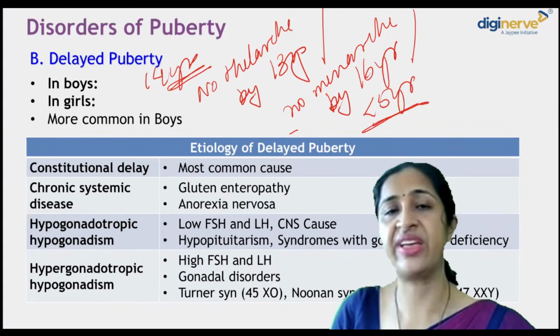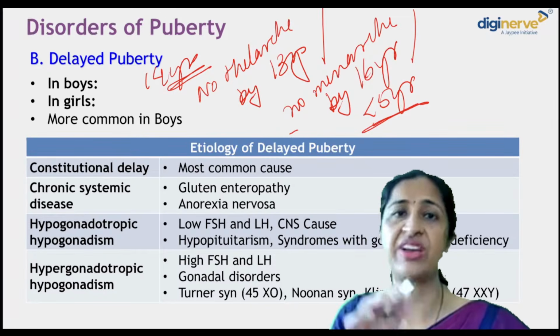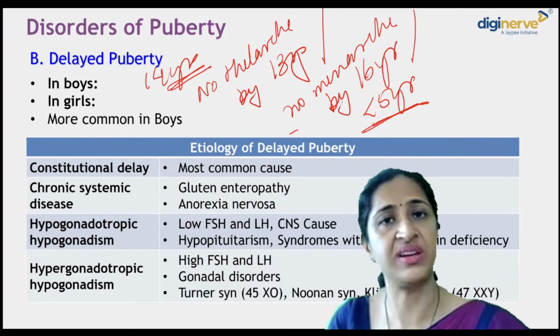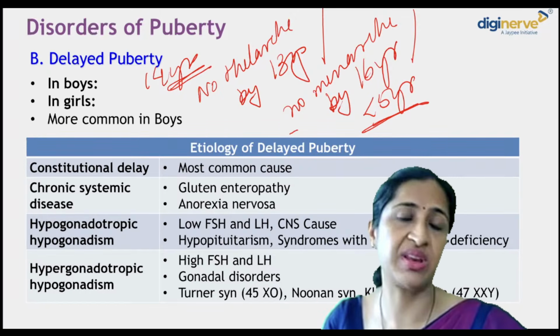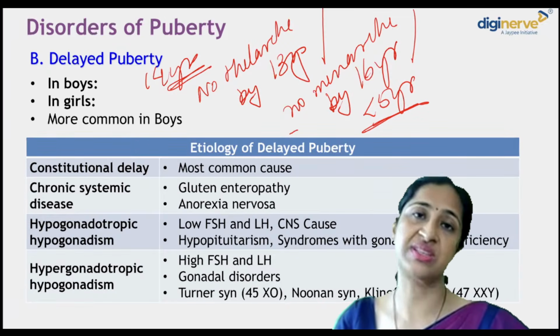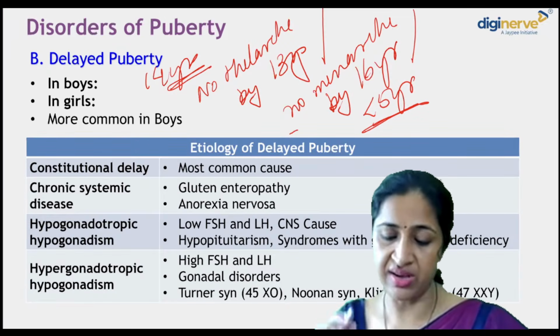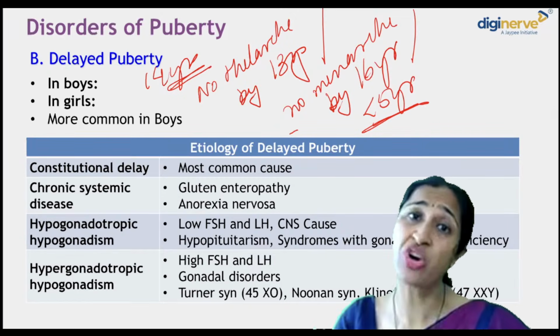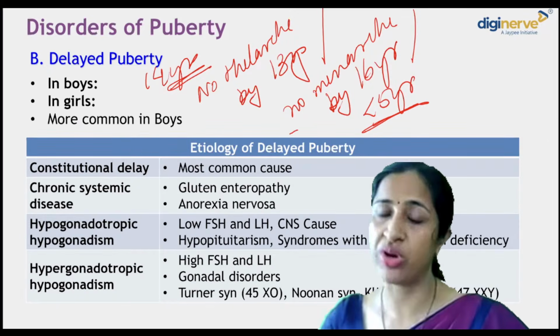So, if there is no menarche within 5 years of thelarche, we have to consider delayed puberty, where thelarche started, but there was no menarche even 5 years from the onset of thelarche. So, that is also considered delayed puberty in girls. And delayed puberty is more common in boys. Nowadays, we're seeing precocity more in girls, delayed more in boys.